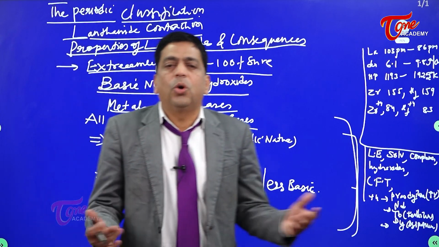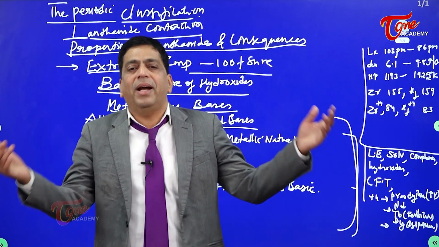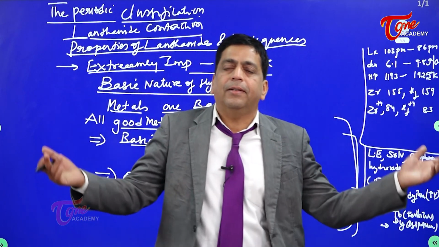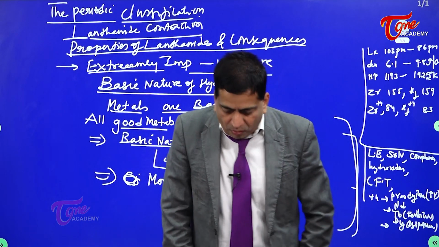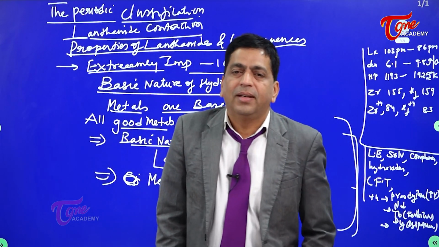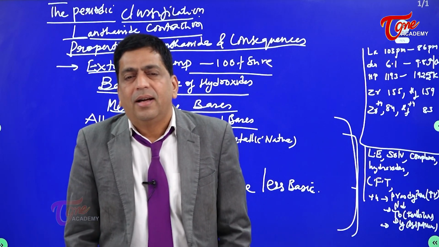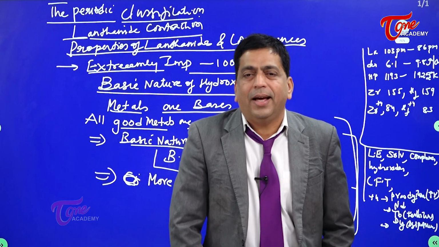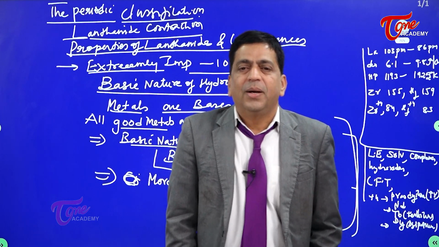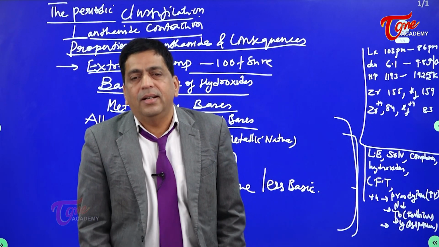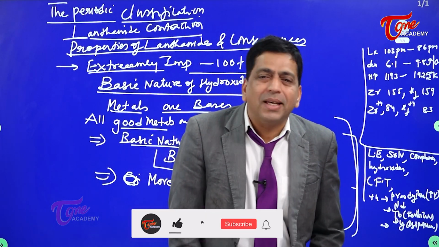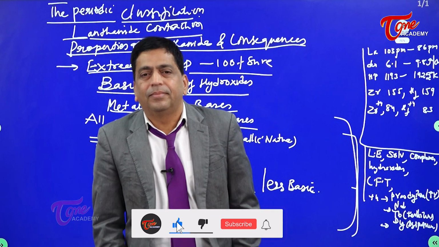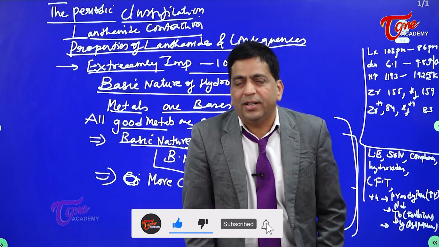Because when you are more covalent, you are more non-metallic, then you are more acidic rather than being basic. Well, I would like to spend some time here for you. Remember, more is the covalent character, you are more acidic and you are less basic.